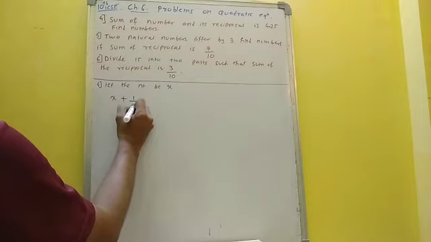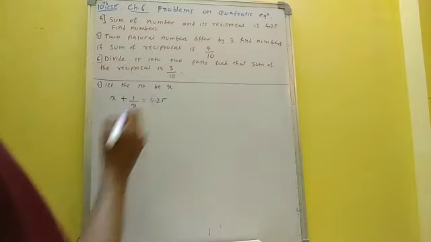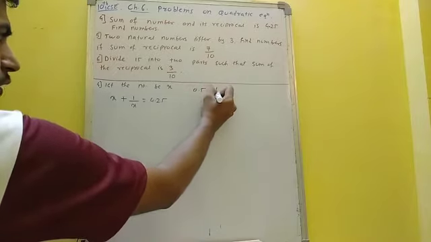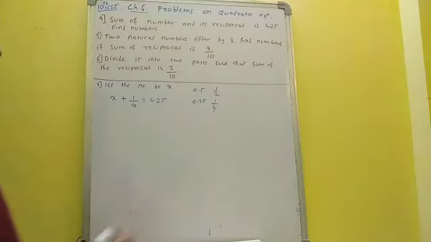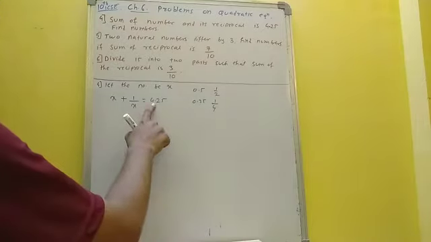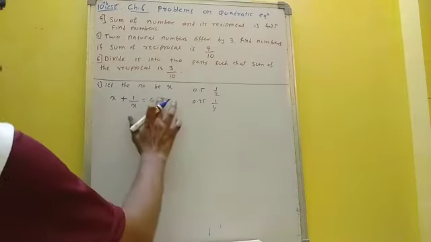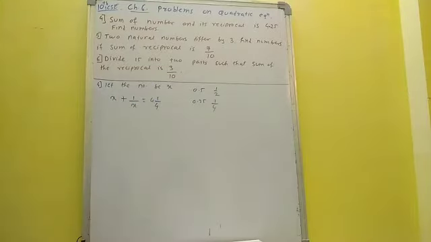It is 1 upon x is equal to 4.25. See, you know that 0.5 means 1 upon 2. 0.25 means 1 upon 4. So can I write 4.25 as 4 integer 1 upon 4? That would be easier for me to do it.